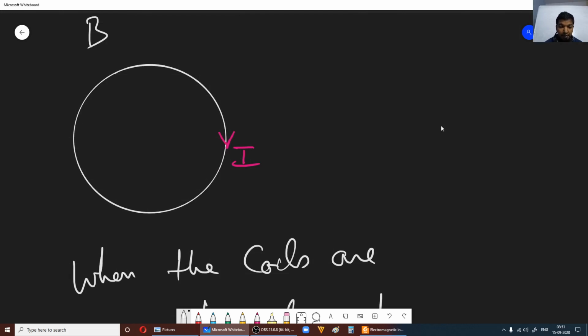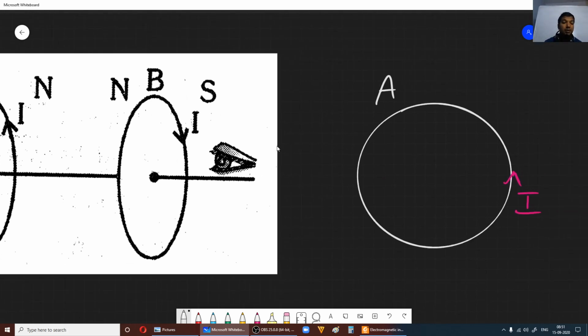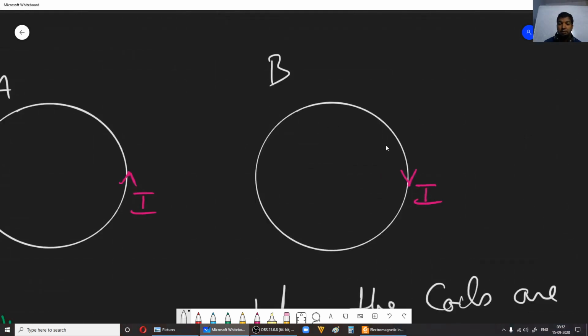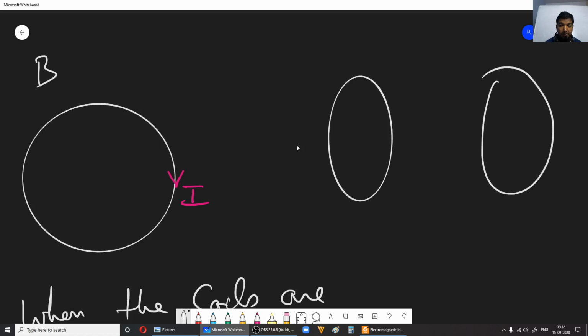Let me say with respect to the loop, it will be easy for you. So these are the loops. This is the edge that is visible to you, the red one.